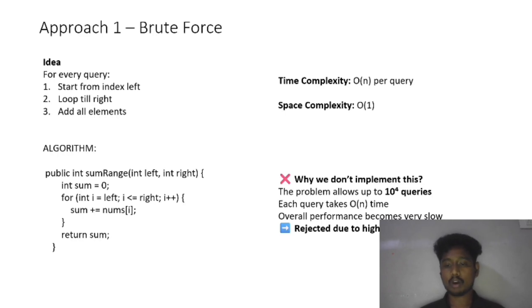Each query takes O(n) time, which takes a lot of time, and the performance becomes very slow. So even though this approach is simple, it is not efficient. Because of high time complexity, we do not implement this brute force approach.